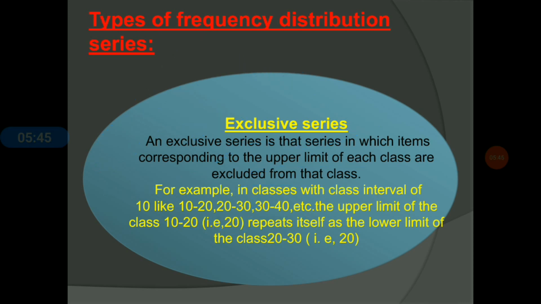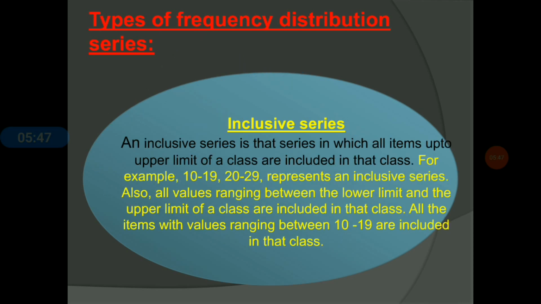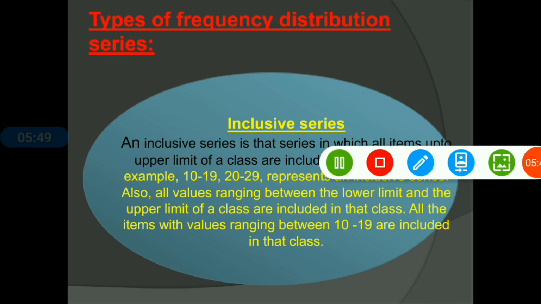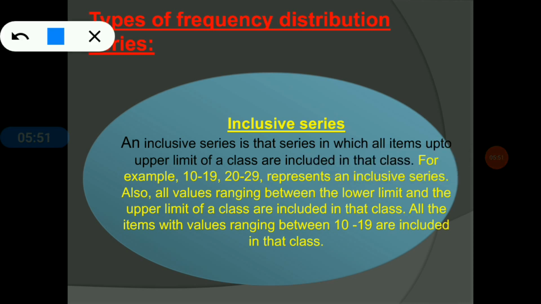Now move on to the next type of frequency distribution, that is the inclusive series. An inclusive series is a series in which all items up to the upper class limit are included. For example, 10 to 19, 20 to 29, 30 to 39.